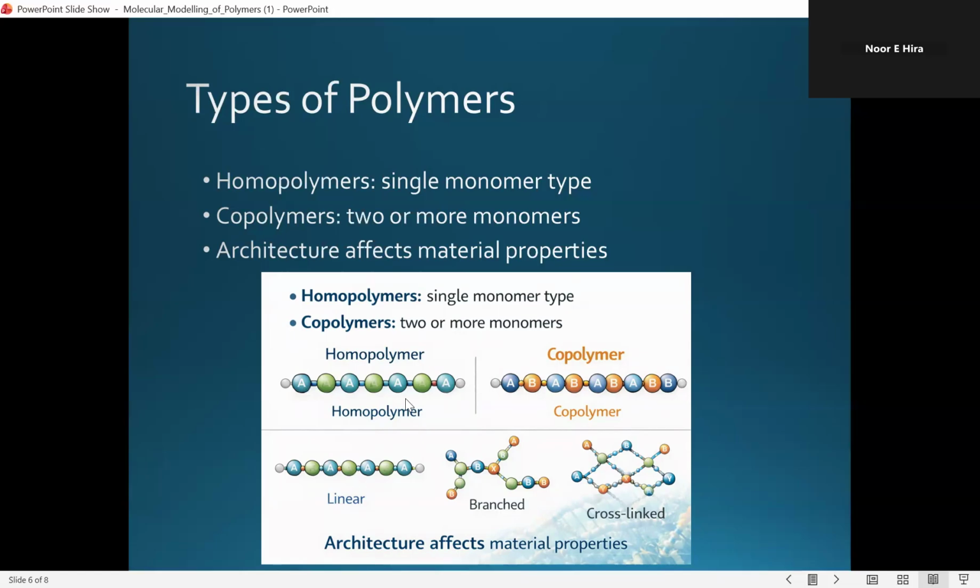A copolymer, on the other hand, contains two different monomers arranged in various sequences. You see A and B, two different monomers attaching. This allows fine tuning of properties such as flexibility, polarity, and thermal behavior. And you can clearly understand now the linear, branched, and cross-linked networks of the polymer.